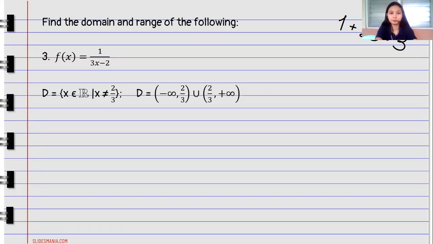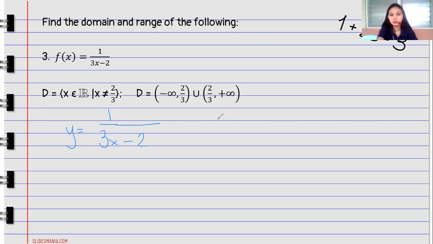Ganun din po. For our y po, we have to have y equals to 1 over 3x minus 2. Okay? Next po, cross multiplication tayo.